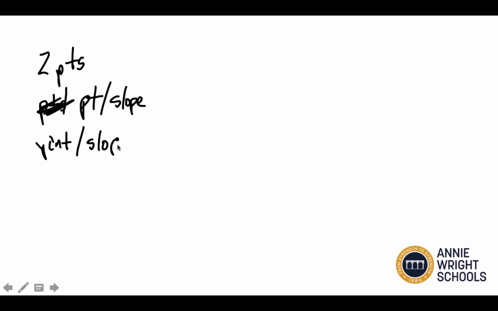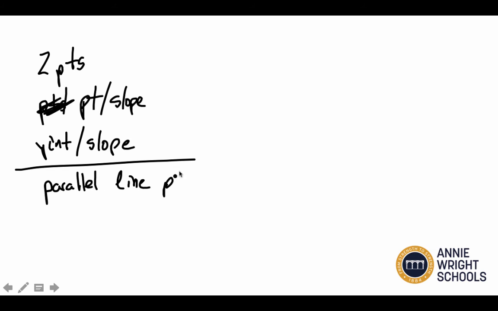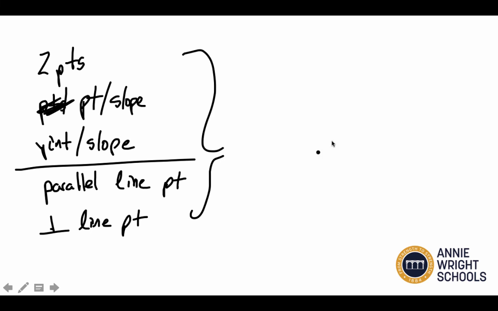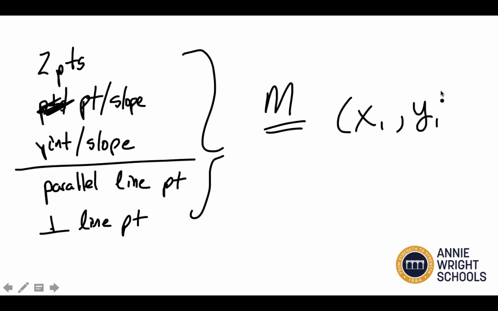Those are all problems that you've written equations of lines for so far. Now I can tell you parallel to a line and a point. Or I can tell you perpendicular to a line and a point. All 5 of those is enough information to get one slope and one point. And once you get a slope and a point, you can use point-slope form to write the equation of a line.